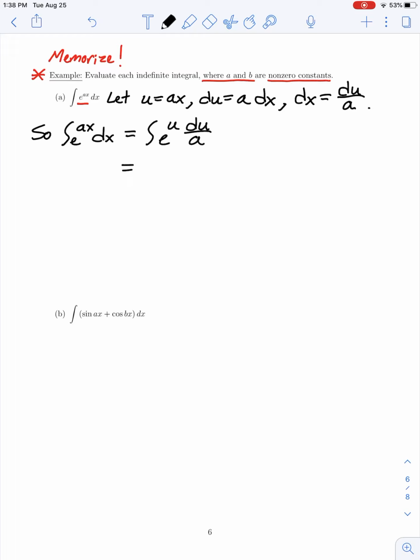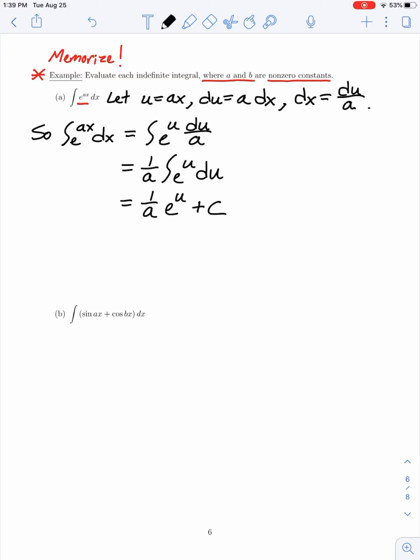So I can factor out my constant factor of 1 over a, and I'm left with e to the u du. And we know how to handle this antiderivative. The antiderivative of e to the u is simply e to the u, and then we can add an arbitrary constant to get our most general antiderivative.